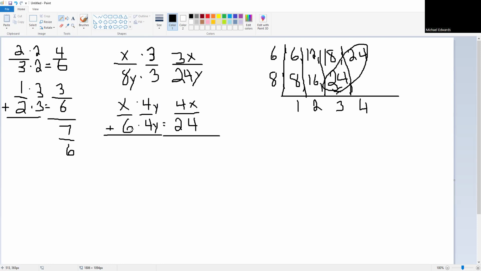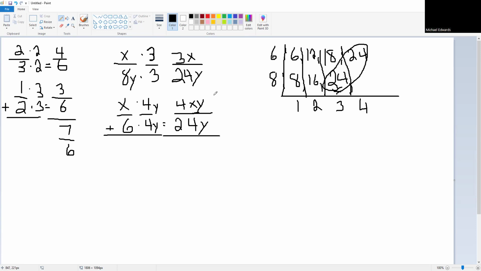And watch, if I do 6 times 4y, that gives me 24y, which is the same as that one. If I do the same thing to both sides, I would get xy. We've got to watch that when we're doing our practice equations. That's new for us. Well, kind of new. I mean, we do move our variables around.